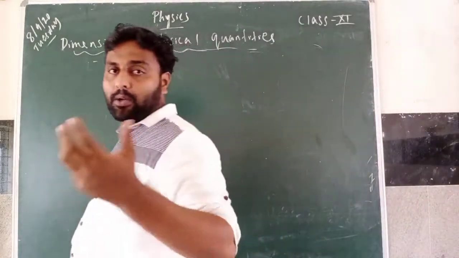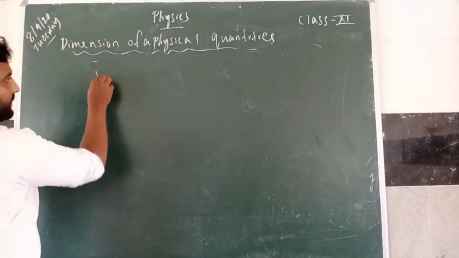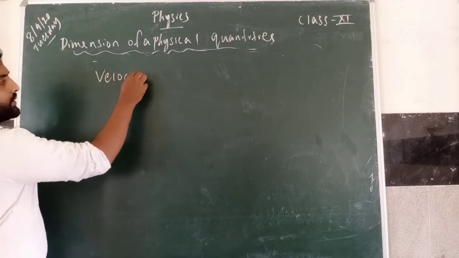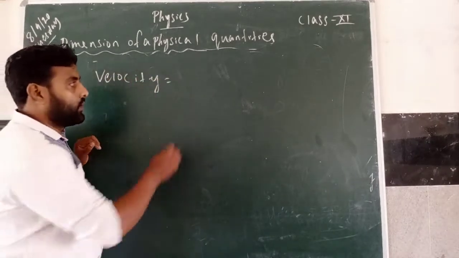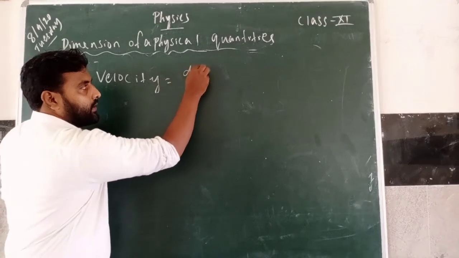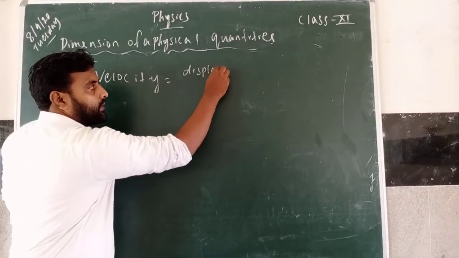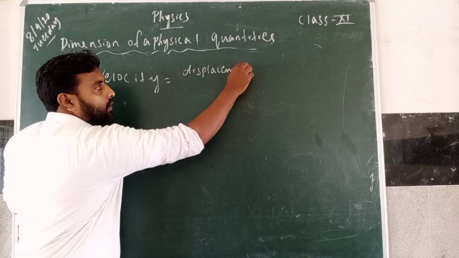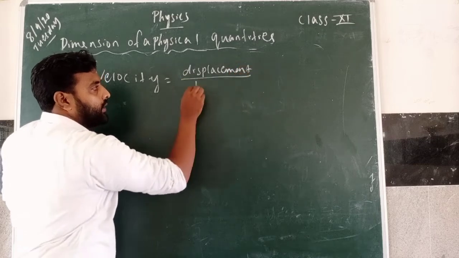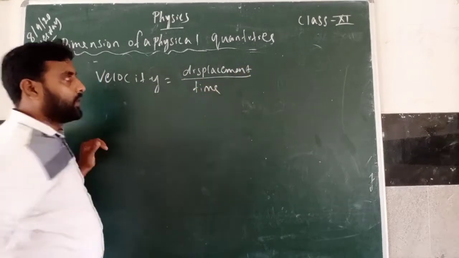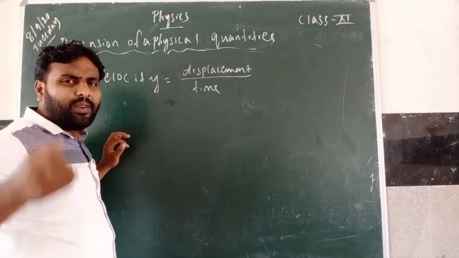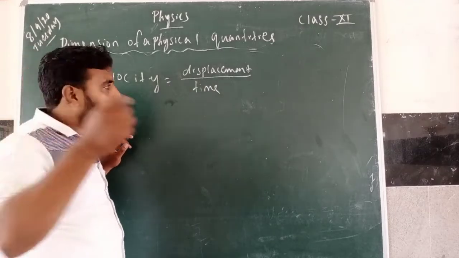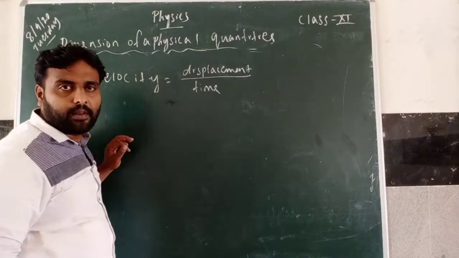For example, velocity. We know the formula for velocity. Velocity is displacement by time. What is the symbol used for displacement?